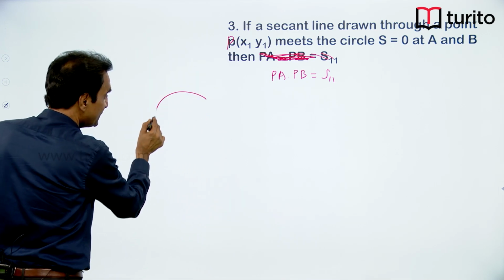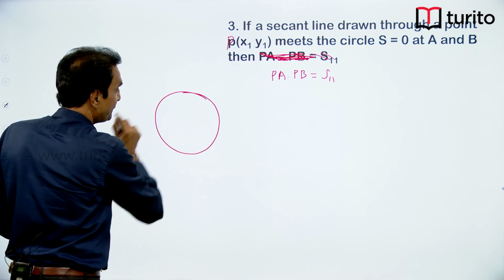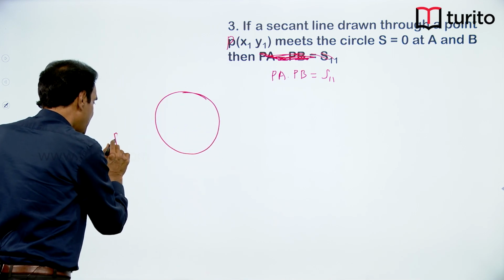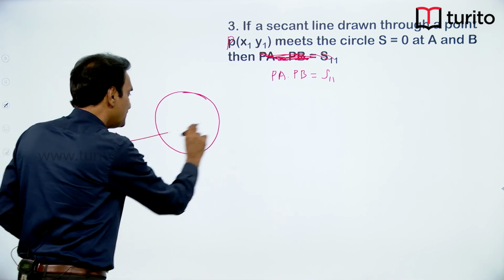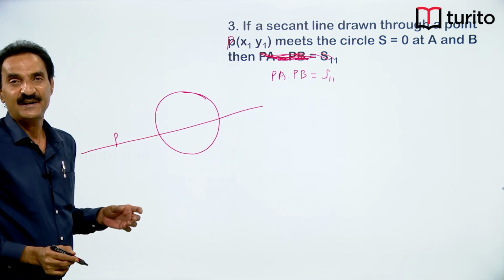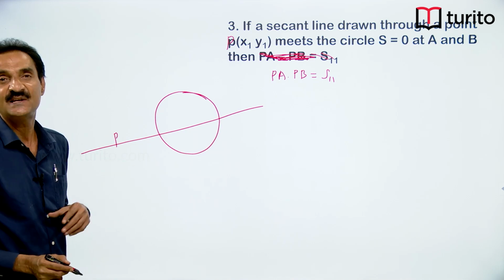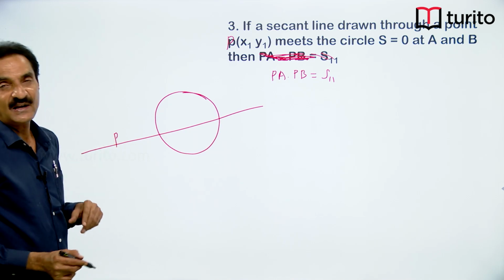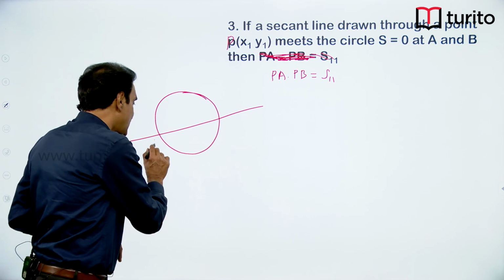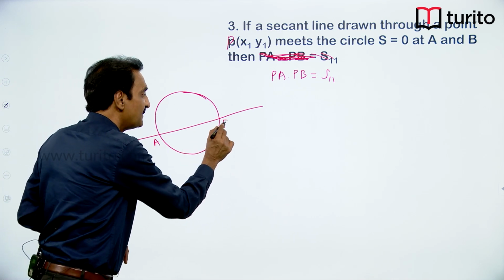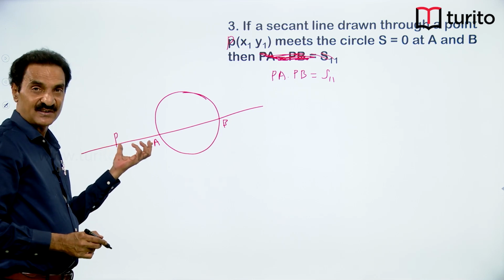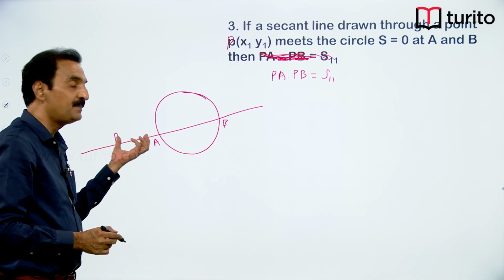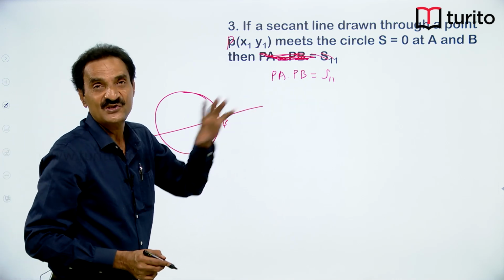If a circle is like this, take any point P on the plane of the circle. Through P, if you draw a random straight line intersecting the circle, it is called a secant line. If the secant line intersects the circle at A and B, then the product of the distances PA and PB, PA into PB, is a constant.